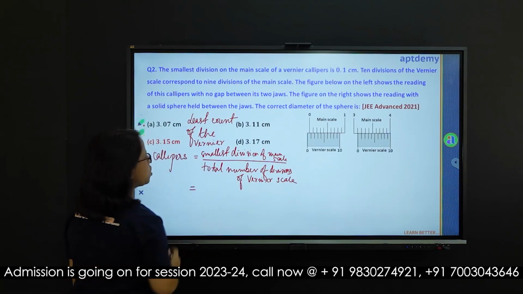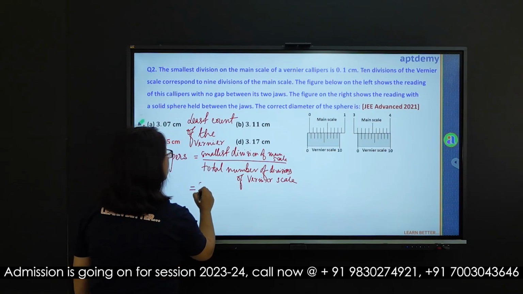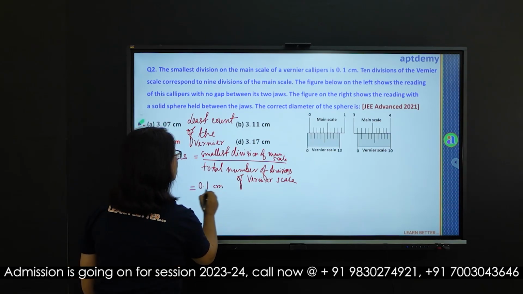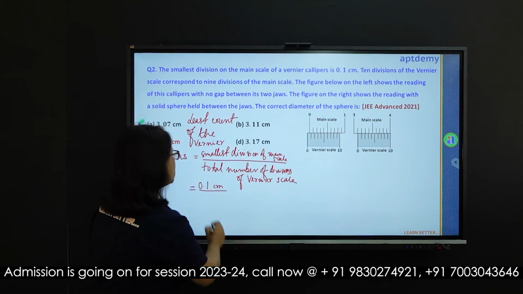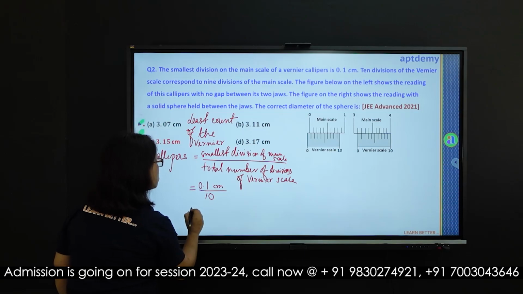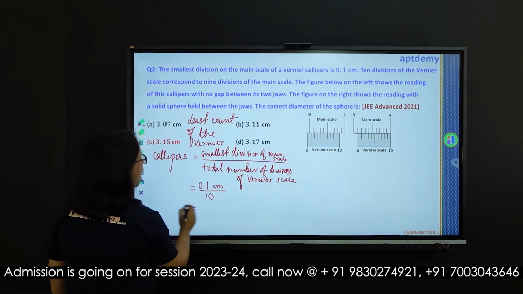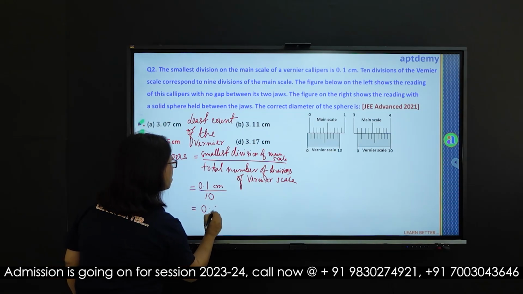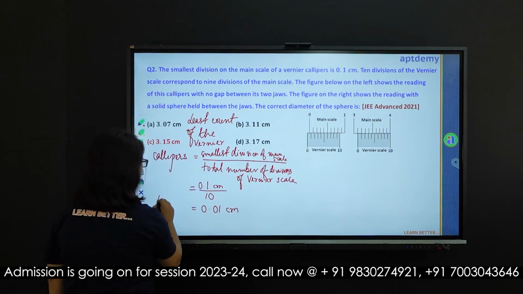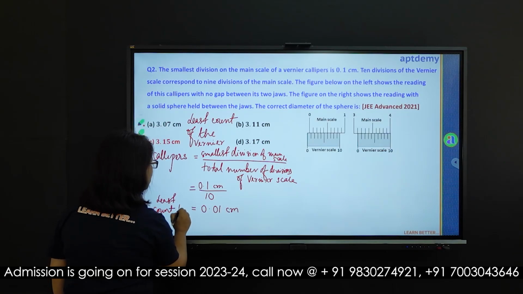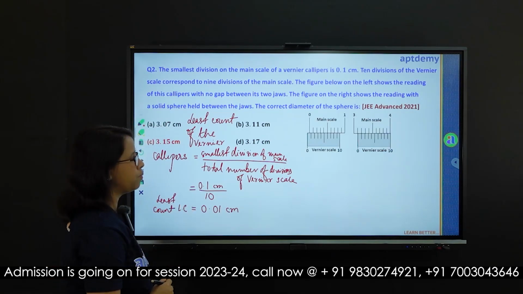Now, the smallest division of the main scale is equal to 0.1 centimeters and the total number of divisions of the vernier scale is equal to 10. So, this gives us the least count as equal to 0.01 centimeters. So, this is the least count. Let us represent the least count as LC.